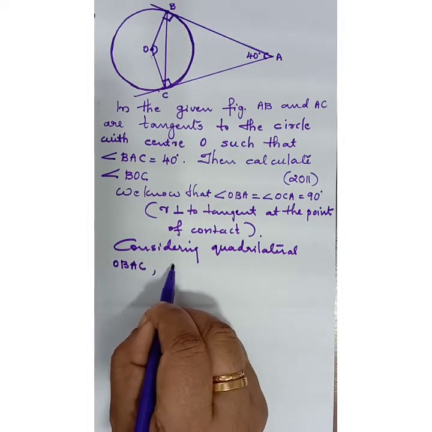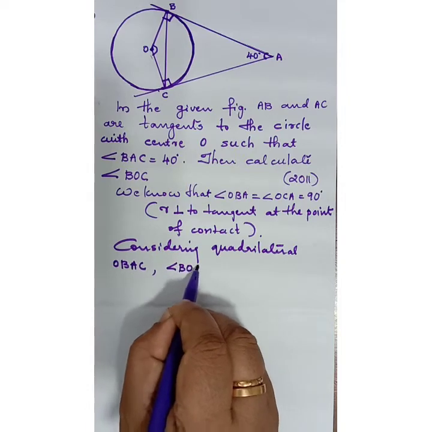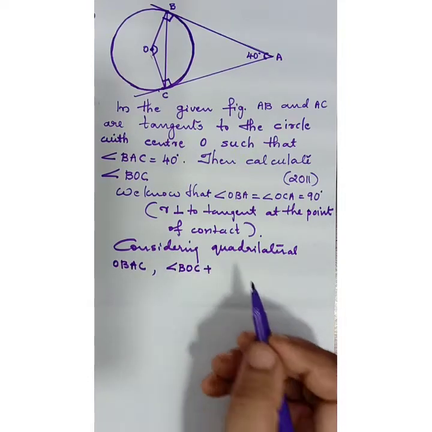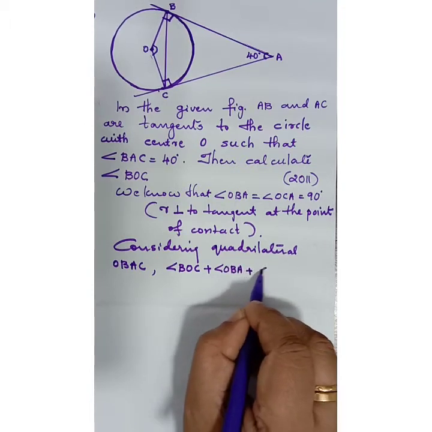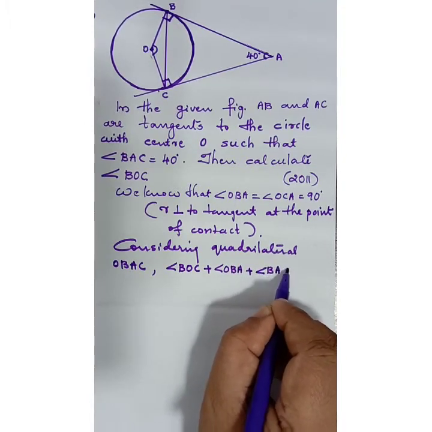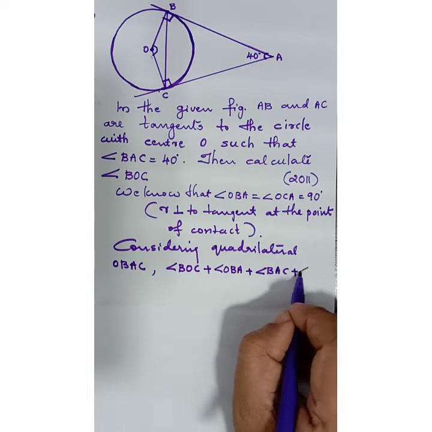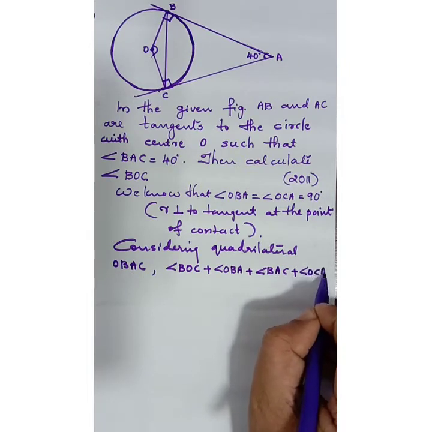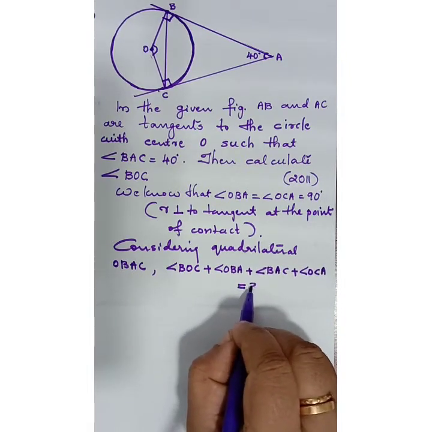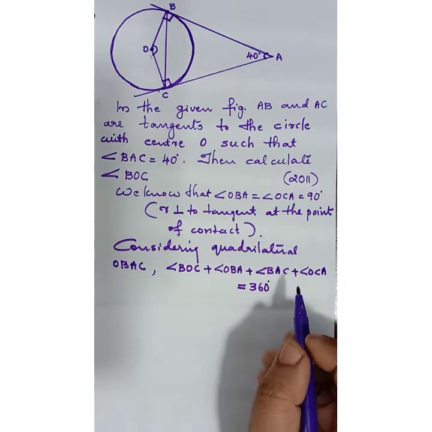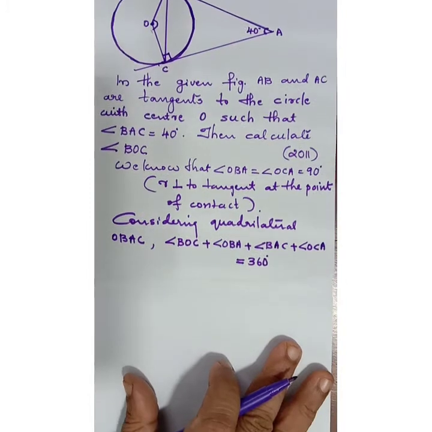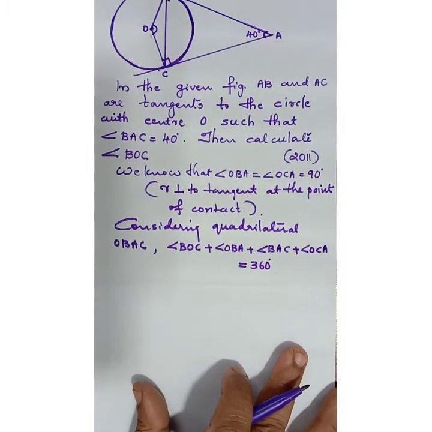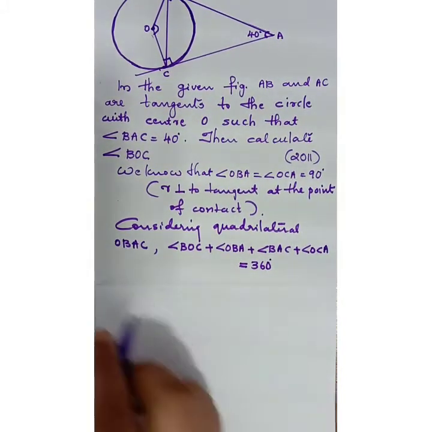We can write angle BOC, that is to be found out, plus angle OBA plus angle BAC plus angle OCA, that's equal to 360 degrees. That is the angle sum property of a quadrilateral. You can write the reason also: angle sum property of quadrilateral.